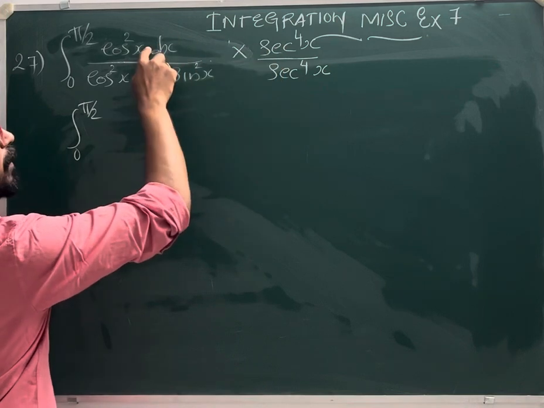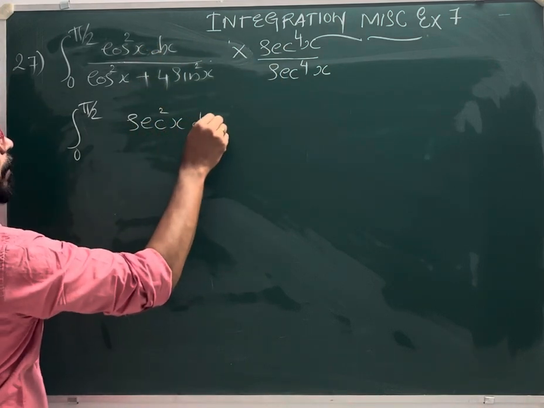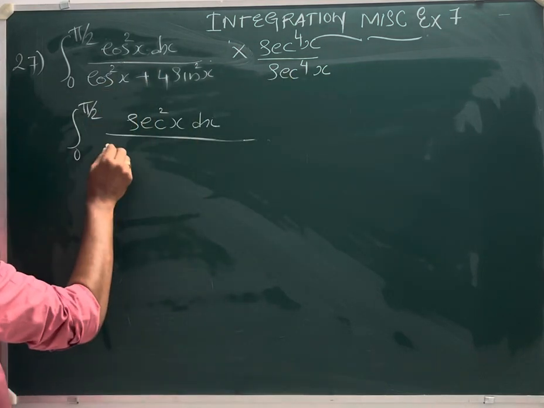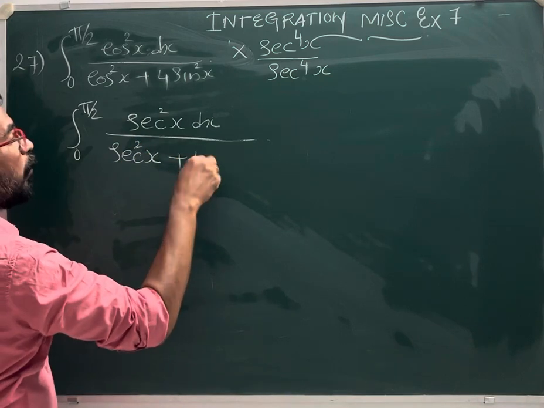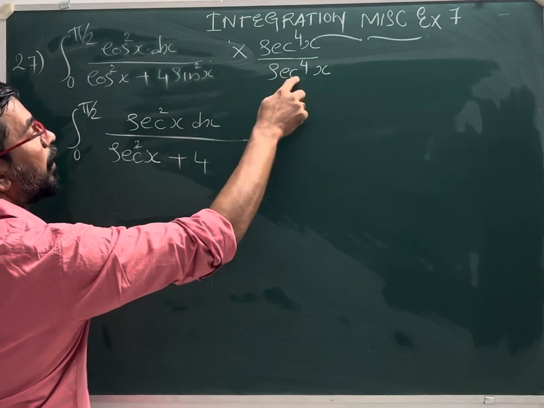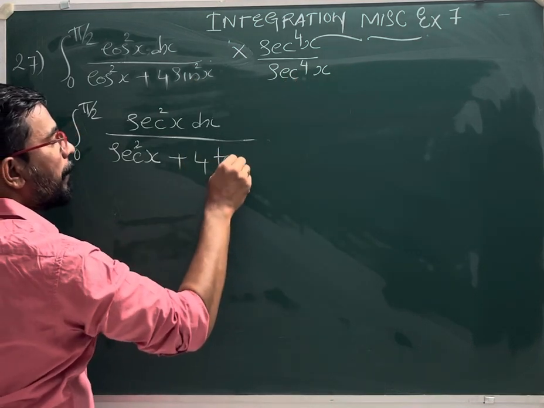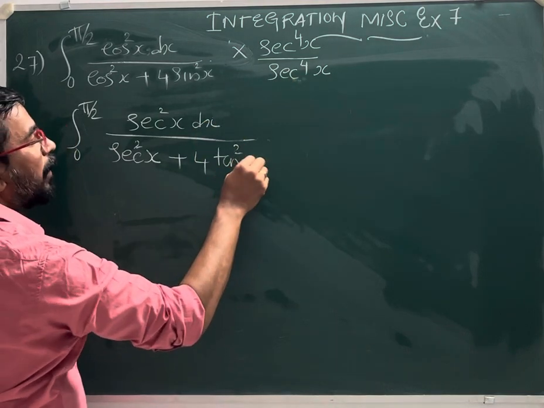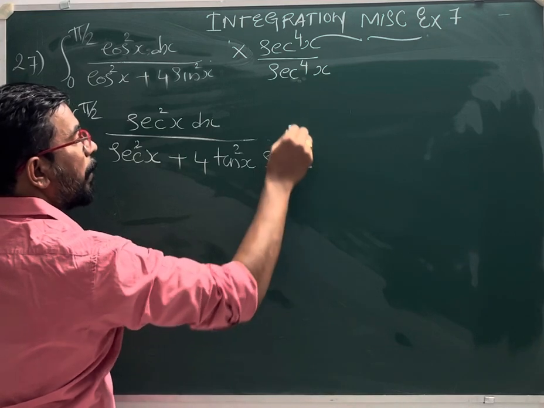They are reciprocal functions. So the remaining is sec square x dx divided by, in similar fashion, sec square x plus 4 sin square times sec power 4, which becomes tan square x, because sec square is 1 by cos square, and then sec square x is left over.